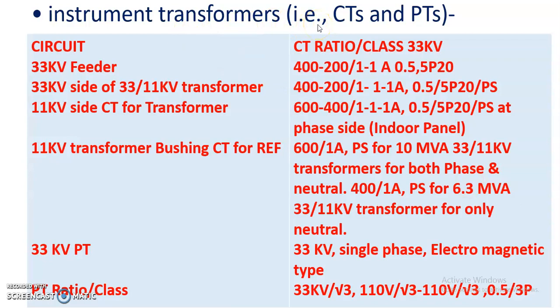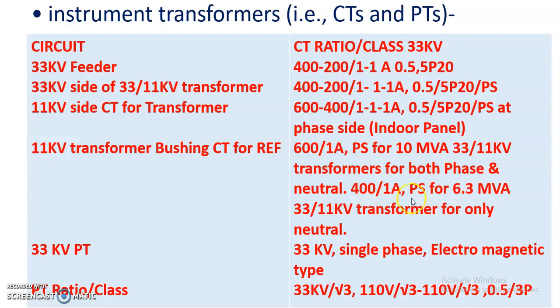Then instrument transformer. There are two types of instrument transformer: one is CT and the other is PT. So these are the specifications of instrument transformers. For the 33 kV feeder, the CT ratio and classes are given: 400 to 200 by 1 to 1 ampere and 0.5. For the 33 kV by 11 kV transformer, it is again 400 to 200, 1 to 1. Then the 11 kV side CT is 600 to 400, 1 to 1. Then the 11 kV transformer bushing CT for reference is 600 by 1, for both phases.